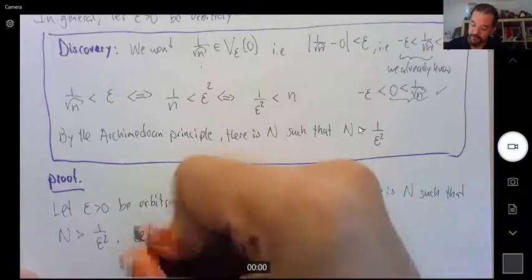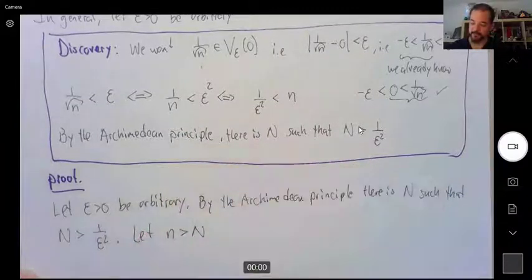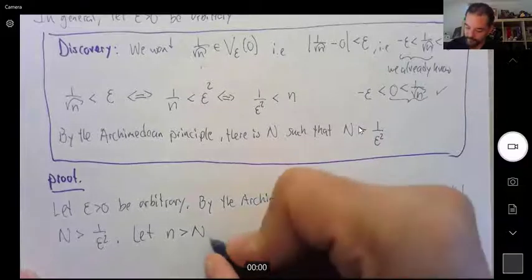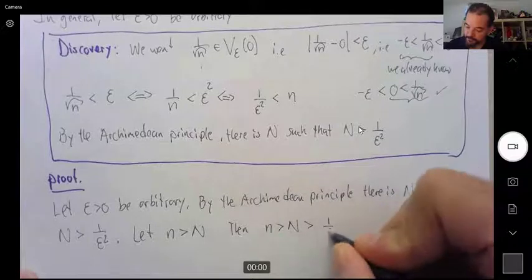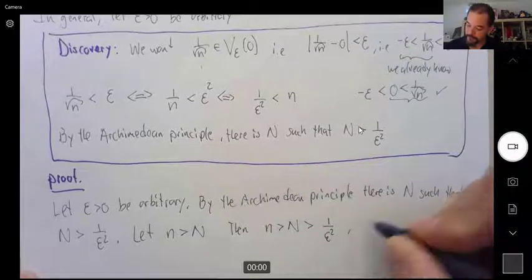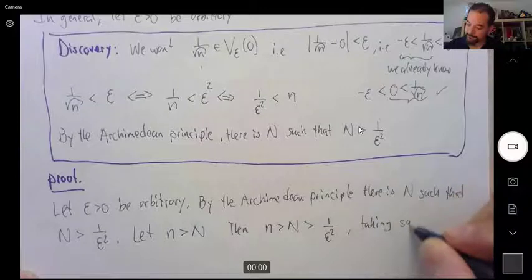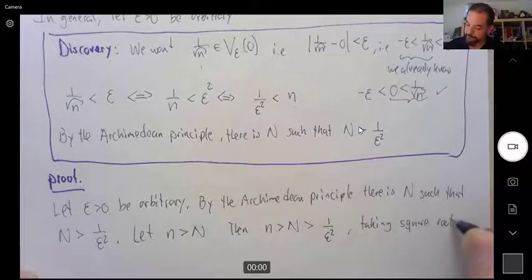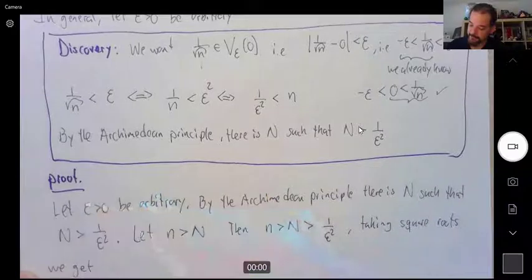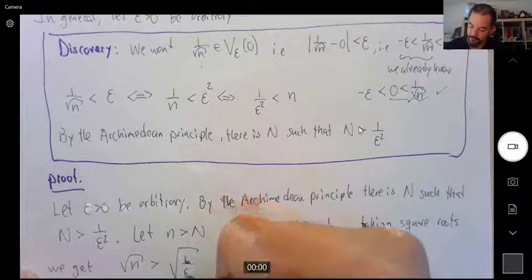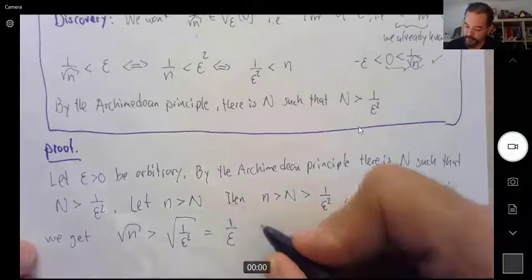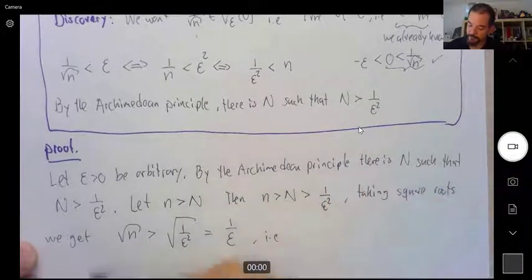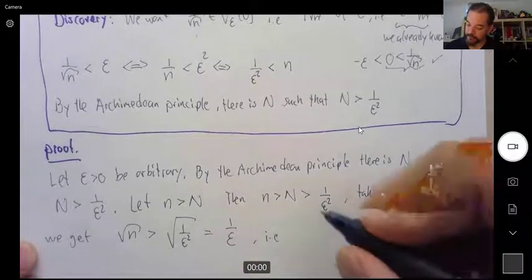So let little n be bigger than capital N, right? Then little n is bigger than capital N, which is bigger than 1 over epsilon squared. Taking square roots, we get root n is greater than the square root of 1 over epsilon squared, which is 1 over epsilon, and then multiplying by the reciprocals, obtaining the reciprocal statement.